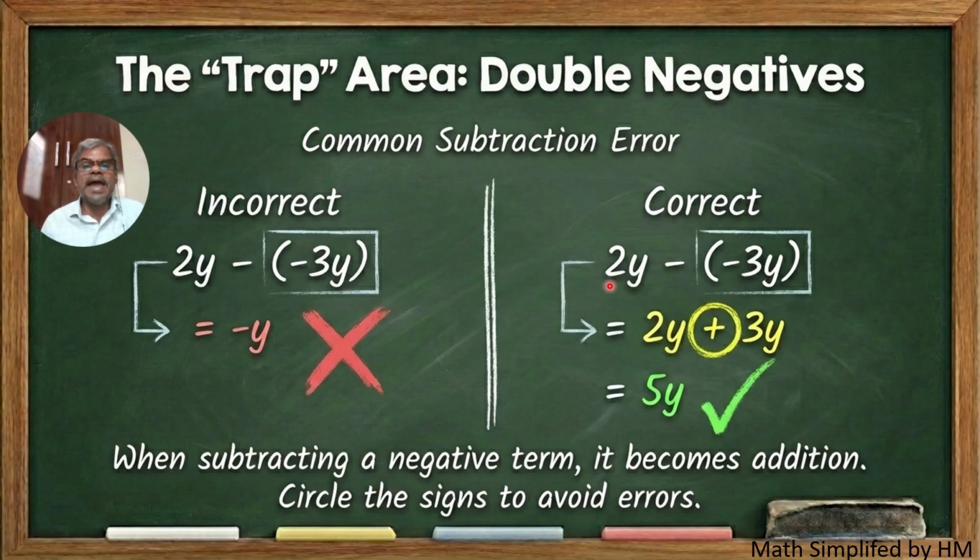The correct is that 2y minus into minus 3y gives 2y plus 3y, which gives 5y. When subtracting a negative term, it becomes addition, a positive term. To avoid errors, please circle the signs like this.